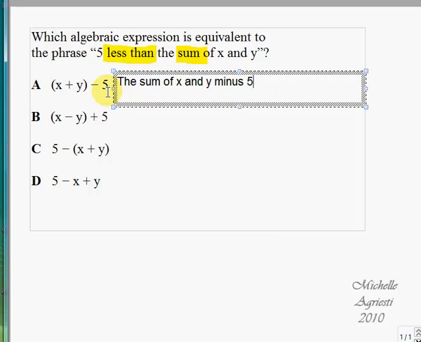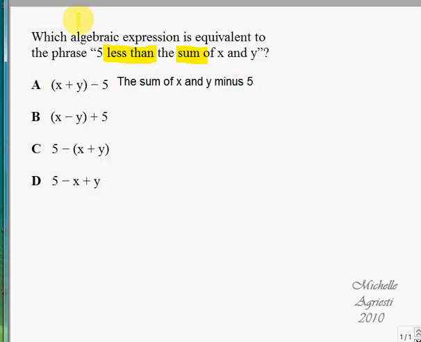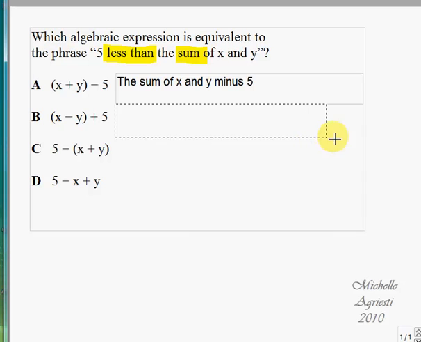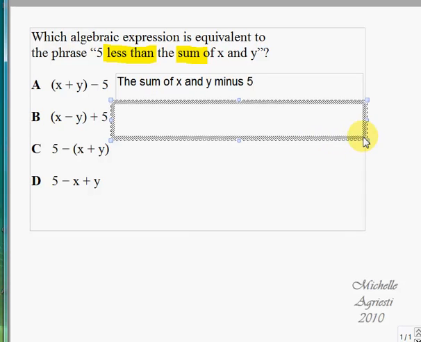That would be one way to write this one. Let's do the next one. This looks like we're subtracting x and y, so that would be the difference of x and y. And then we're adding 5, so I'll say plus 5.